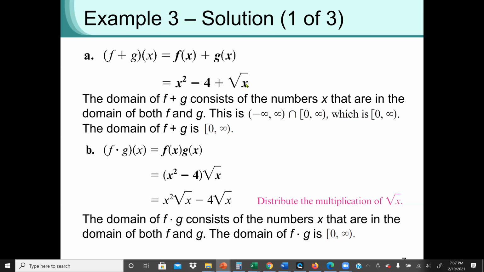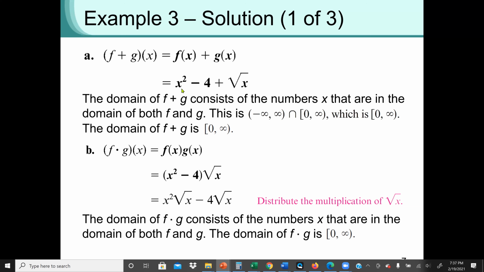But g at x is square root of x, and it has to be only positive values, so from 0 to positive infinity. So the domain of f plus g is from 0 to positive infinity, because that is the domain common to both f at x and g at x.